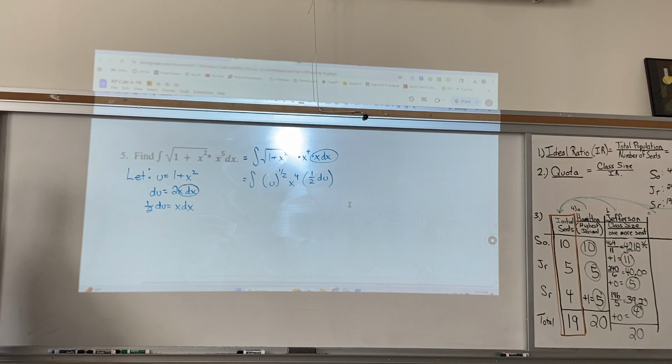Still got an x in there. How can I turn that other x into a u?